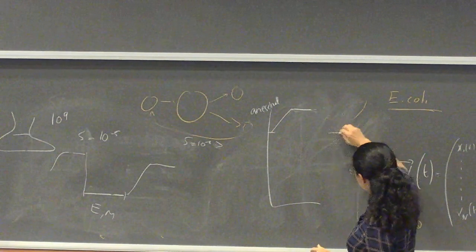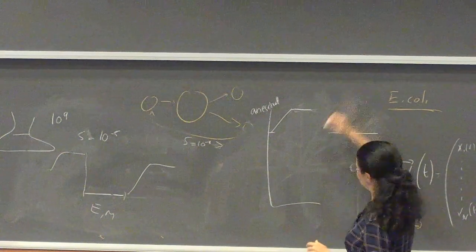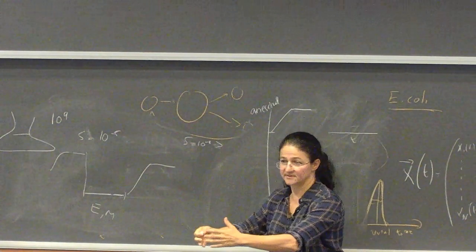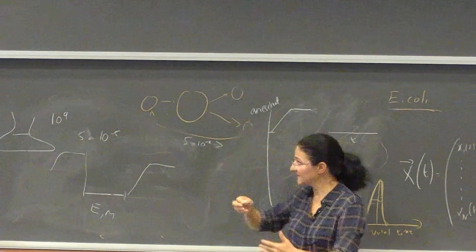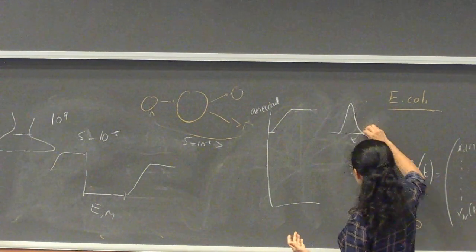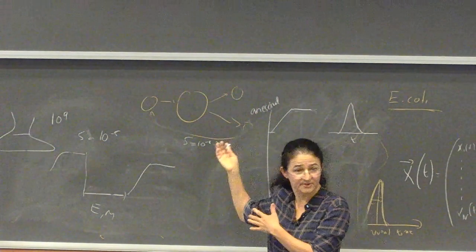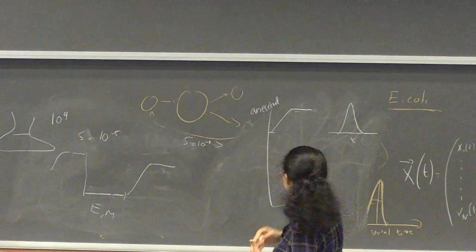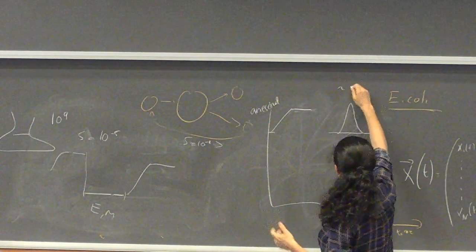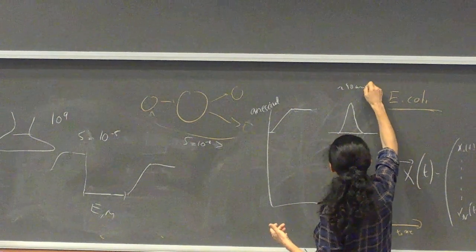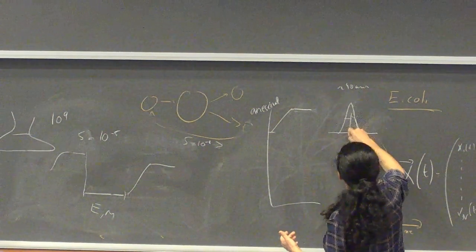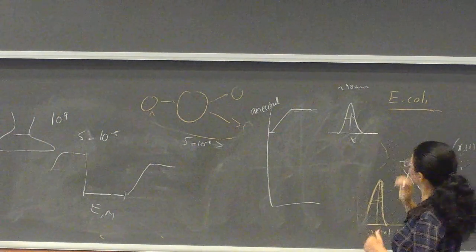If we look at the single-cell distribution of time to re-enter the cell cycle, it is quite narrow. They are in the regulated state. It's an exponential process, and the typical time scale is about 40 minutes. So it's narrow, and 40 minutes.